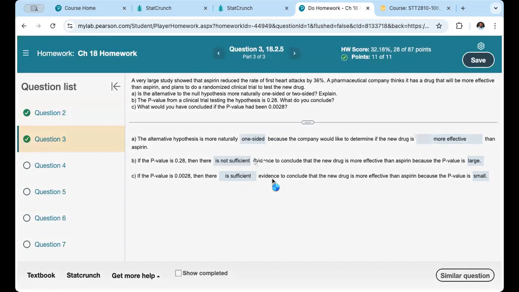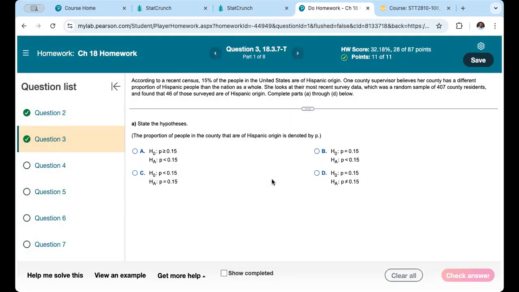And then let's get to 3. Read 3 and then tell me what you think the hypothesis is. Adam, what do you think?